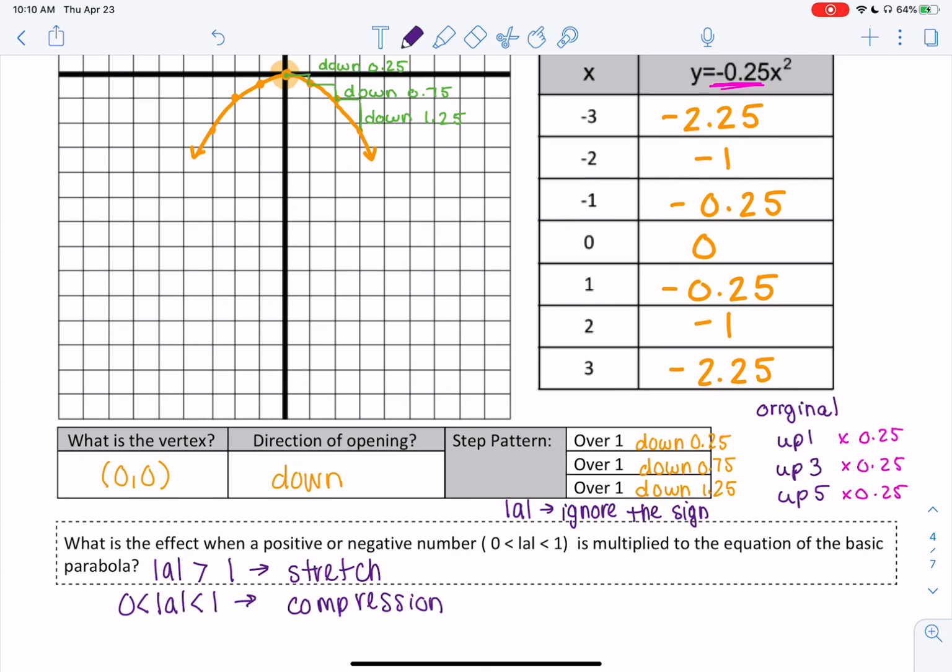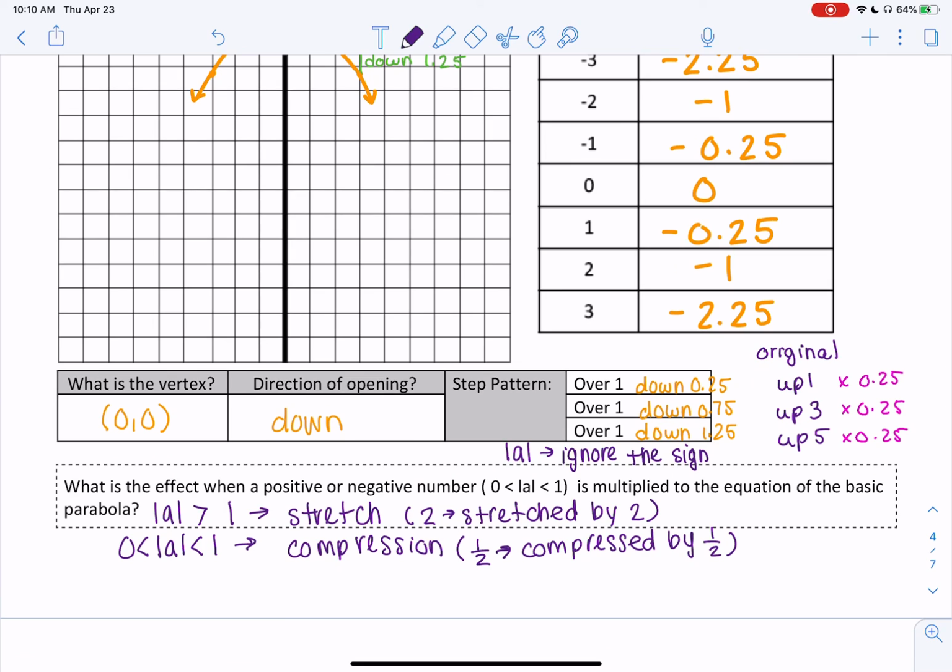So for example, if I have 2, that would tell me stretched by 2. If I had a half, which is in between 0 and 1, that would tell me compressed by a half.